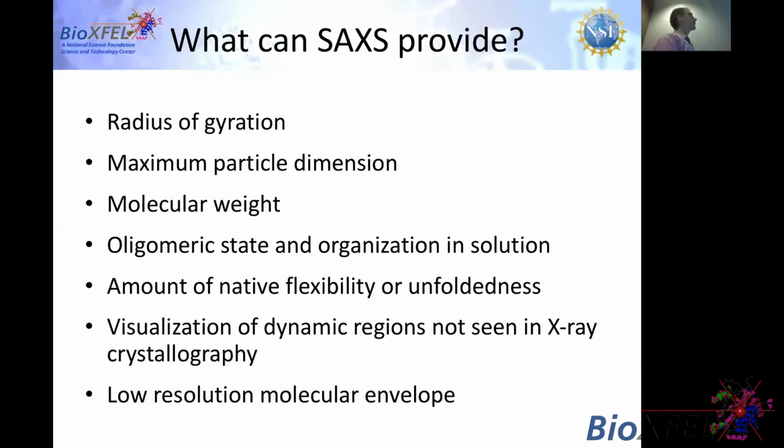Very importantly, it can tell you a lot of information about the native flexibility or unfoldedness. It can also visualize those dynamic regions that you may not see in X-ray crystallography, because if you have some kind of dynamic region, it disturbs the order in your crystal, and so it's essentially a very large B factor, and you don't get any electron density from those regions. And finally, like I mentioned, you can get a low resolution molecular envelope.